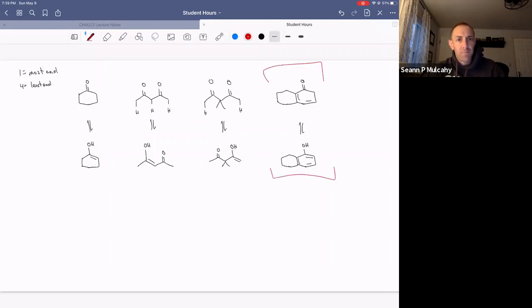Lauren suggested that this one is going to be the most enol. What do we think? Why would it be better to have enol in this case?